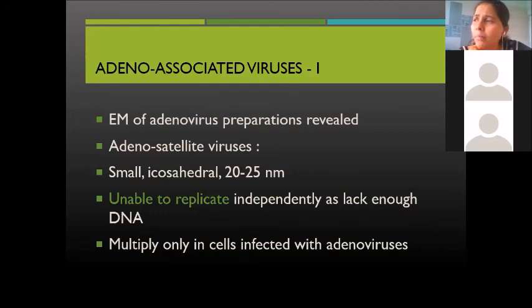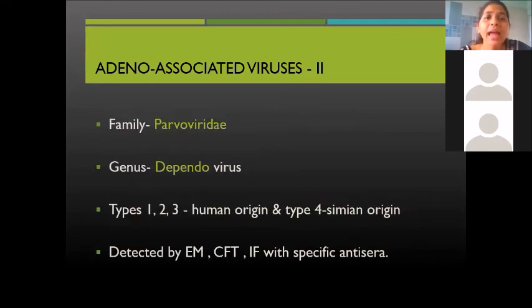Here you can remember the analogy of hepatitis D virus, which is dependent on hepatitis B virus for its coexistence. These were called adeno-associated viruses. Later on it was found that it's actually a parvovirus. The genus in the Parvoviridae family is called Dependovirus. Dependovirus types 1, 2, 3 are of human origin and type 4 is of simian origin.